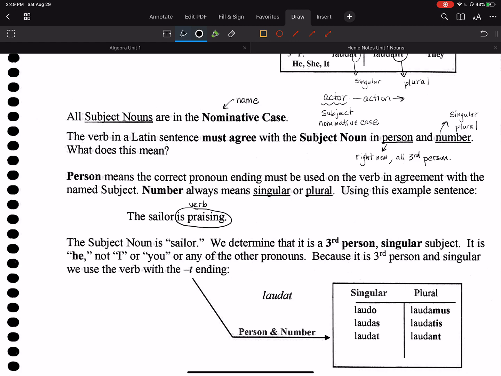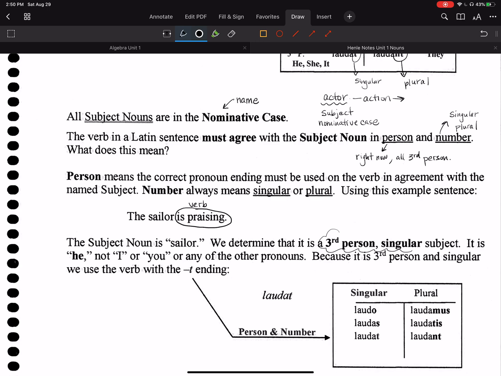So is sailor he, she, it, or is it they? Well, I'm assuming here, because it says the sailor, we're talking about one sailor. So he's going to be singular. And in this case, because we're talking about Roman times, it's probably a he. So it's a he, it's singular. And so that means it would be third person singular.